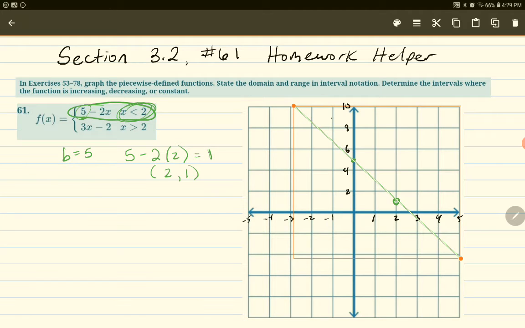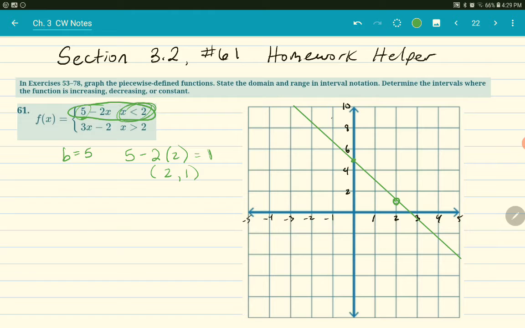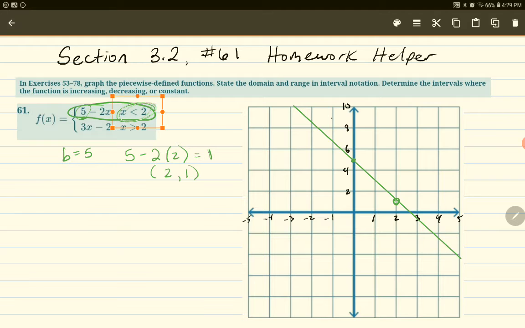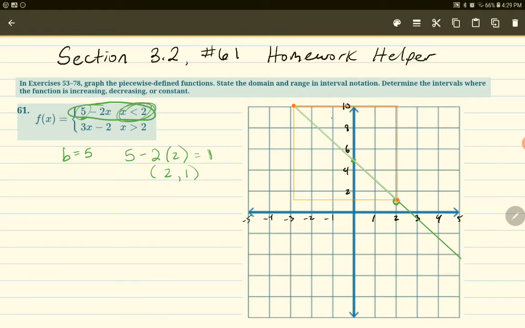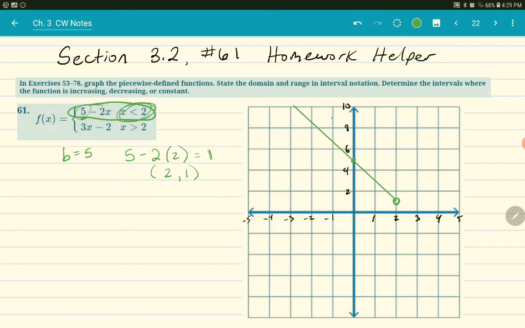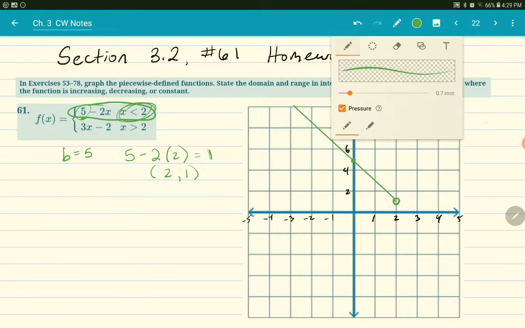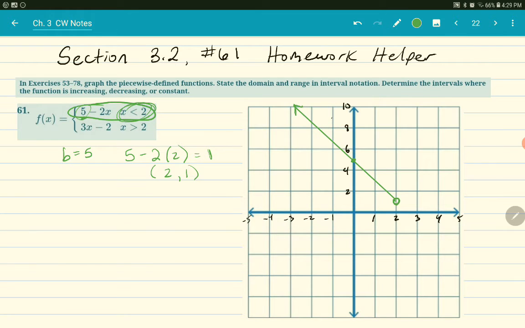But I see I'm restricted to x less than 2. So that means this line actually only goes up to that open circle at x equal 2. It goes forever in the other direction, so I'll go ahead and put an arrow there.